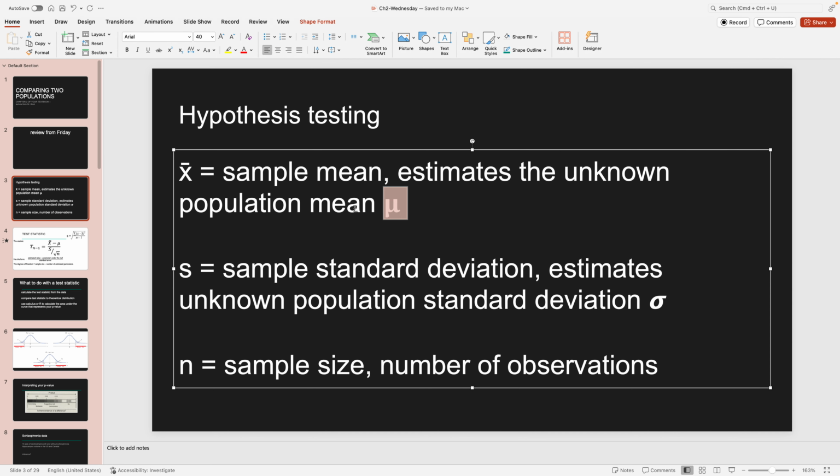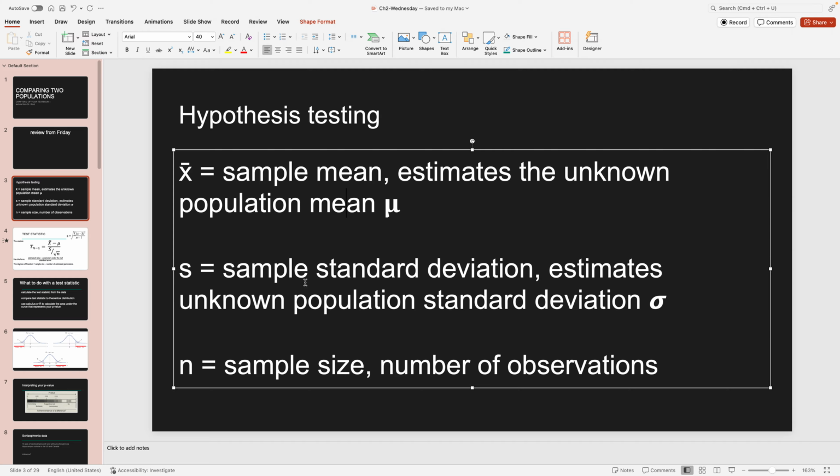And the thing that estimates the population mean is the sample mean. If the sample mean is very far from the null hypothesis value of the population mean, then that's evidence of the alternative hypothesis. But if it's pretty close, that's evidence of the null hypothesis.